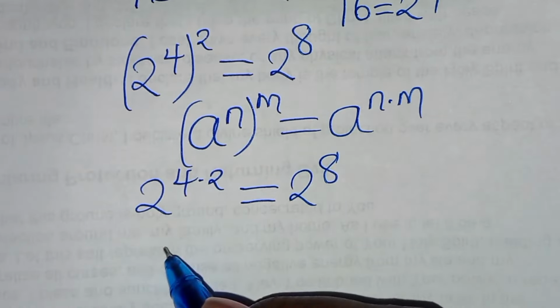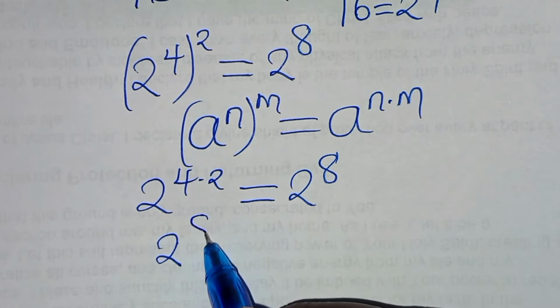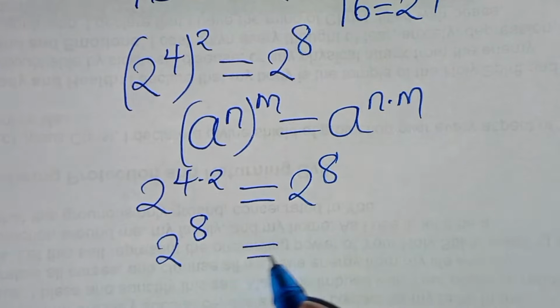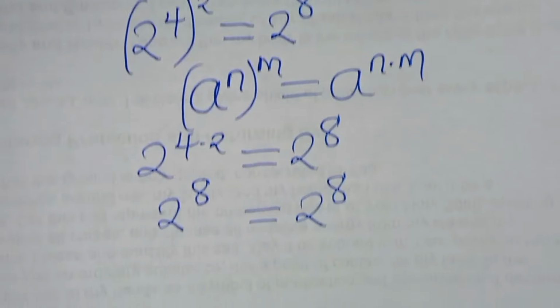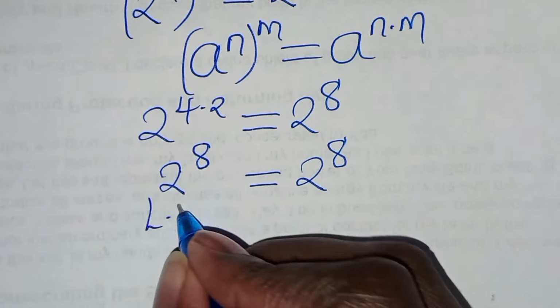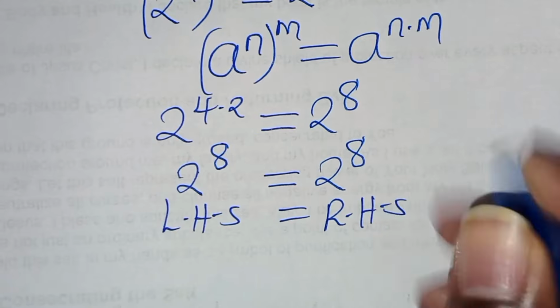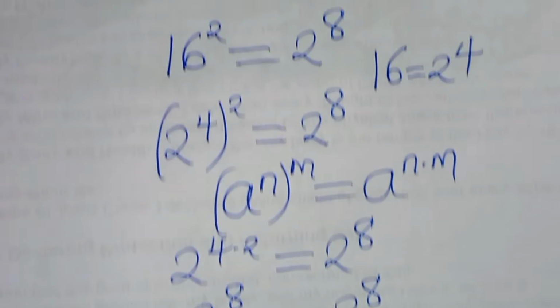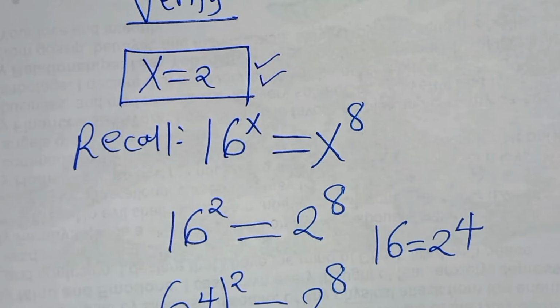So here on the left hand side, we have 2 raised to the power of 4 times 2, which is equal to 8, so 2 to the power of 8. So this implies that the left hand side is equal to the right hand side, and this implies that the value of x, which is equal to 2, satisfies the equation.